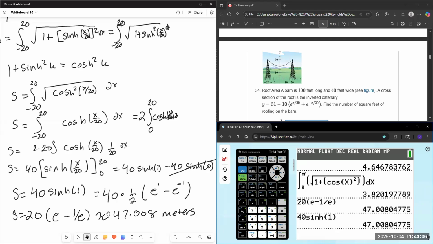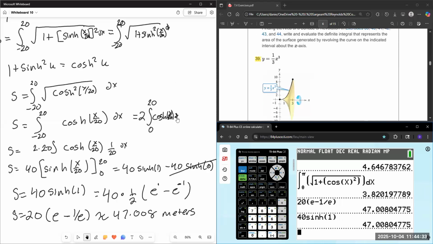I get the same answer because those functions were equivalent. So it's kind of a pain to find hyperbolic sine and hyperbolic cosine in the calculator. I wish that it was a little easier, but I don't think they want you to get it confused with sine, cosine, and tangent. So there it is.